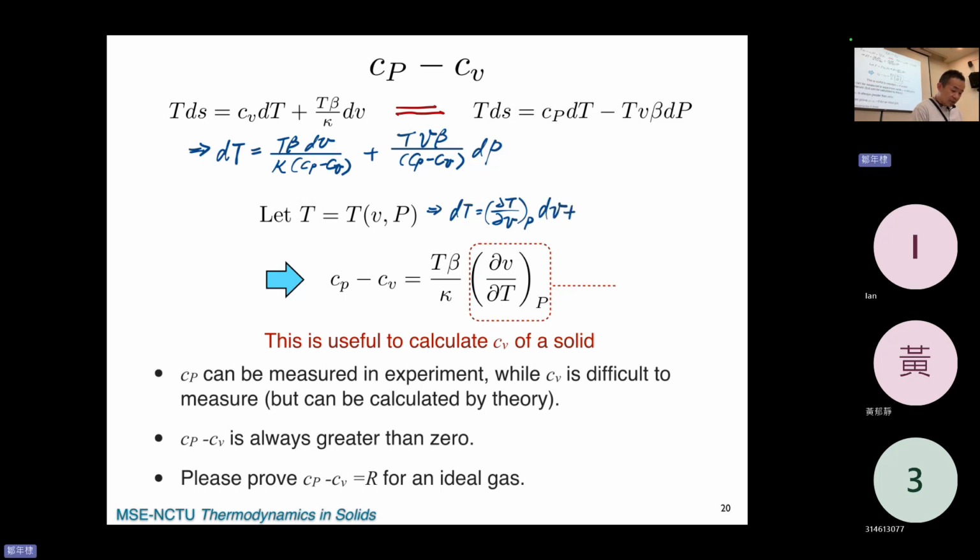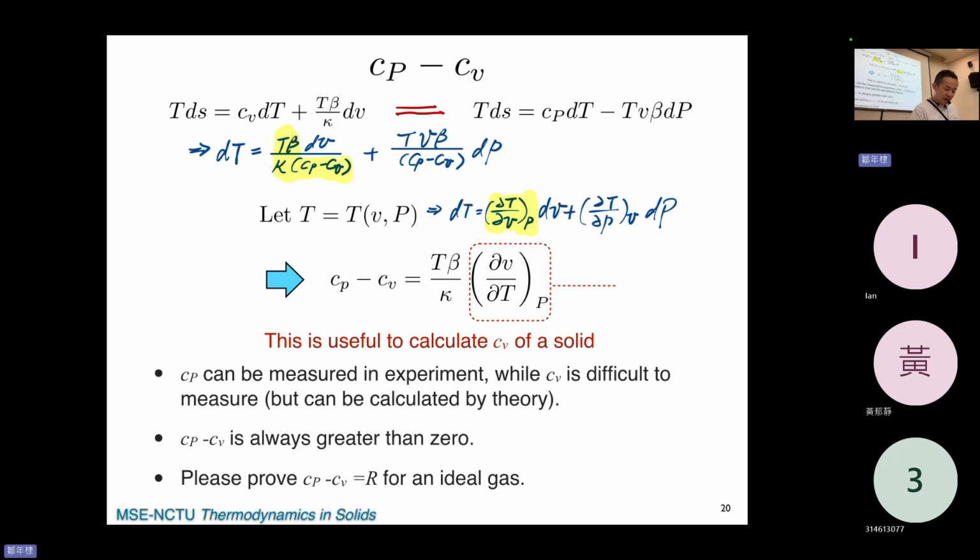So you can see this is a slope, right? Slope again. So now let's highlight this. Partial T over partial V at constant P is actually equal to this one, right?